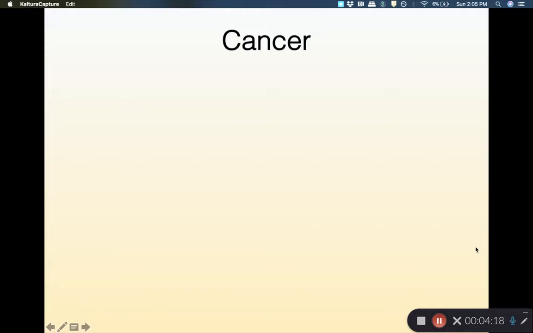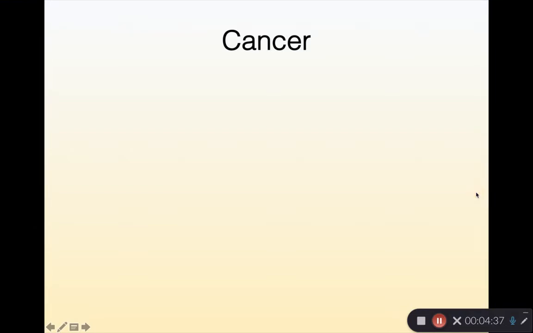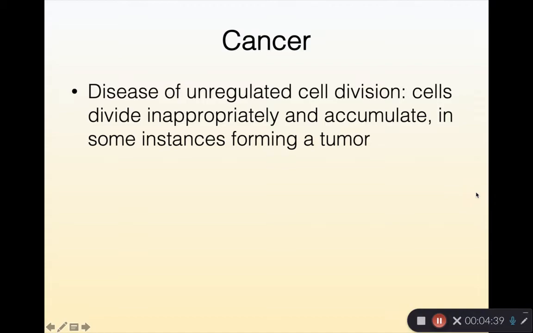First, we want to understand exactly what cancer is in terms of biology. You're probably used to understanding cancer as a multifaceted disease, such as lung cancer, breast cancer, or these very specific diseases. But in biology, the way that we think about cancer is a disease of unregulated cell division.